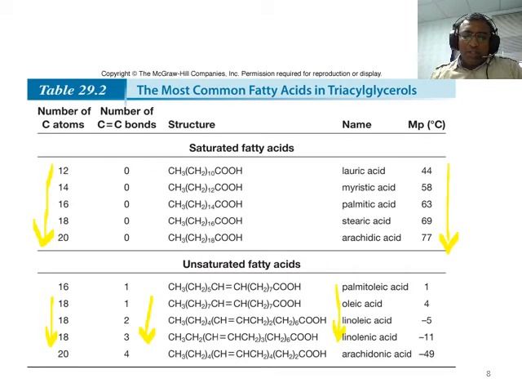If room temperature is 25 degrees Celsius, those triacylglycerides or oils made up of this 18 carbon with double bonds will be in the form of liquid because they melt, and that is the physical form of the oil.